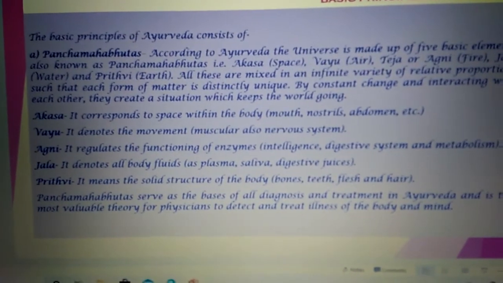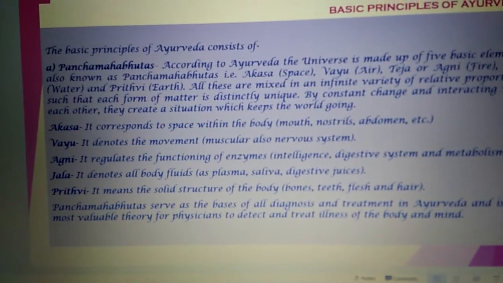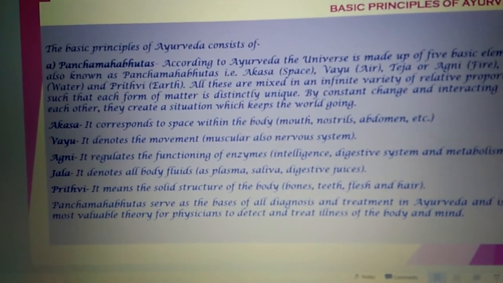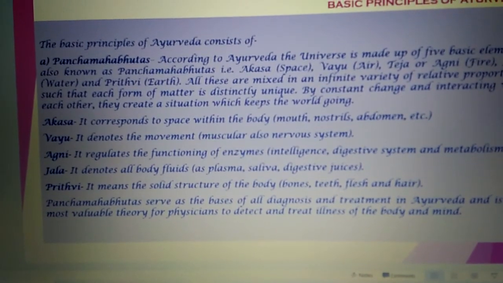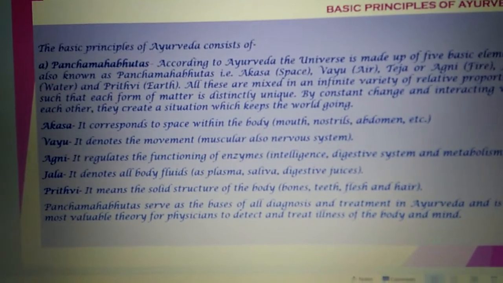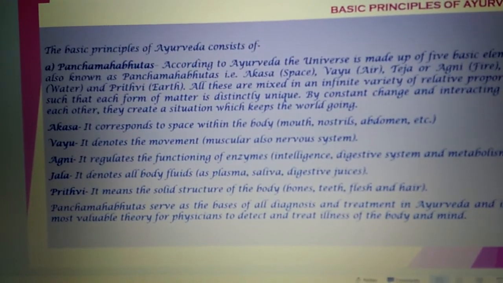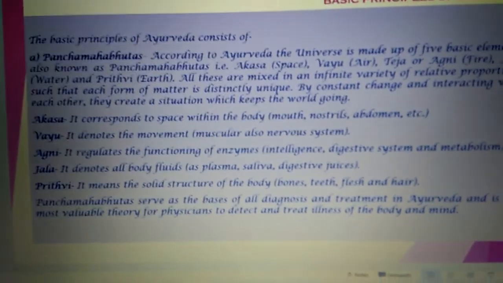Akasha corresponds to space within the body, that is the mouth, nostrils, abdomen, etc. Vayu denotes movement, the muscular and also the nervous system. Agni regulates the functioning of enzymes, that is intelligence, the digestive system and metabolism.